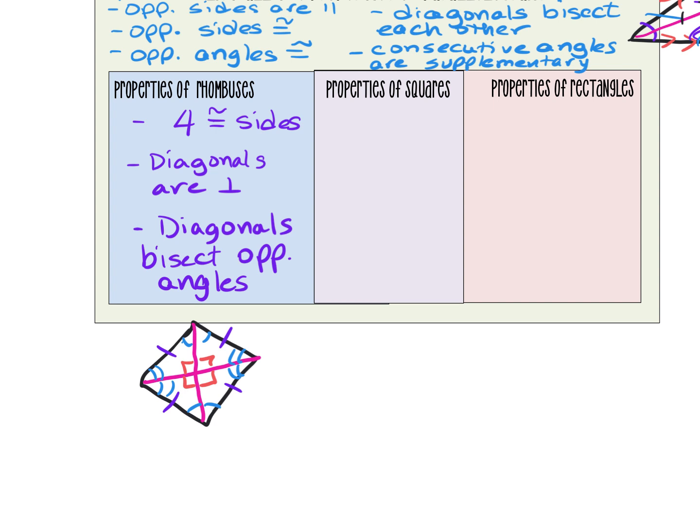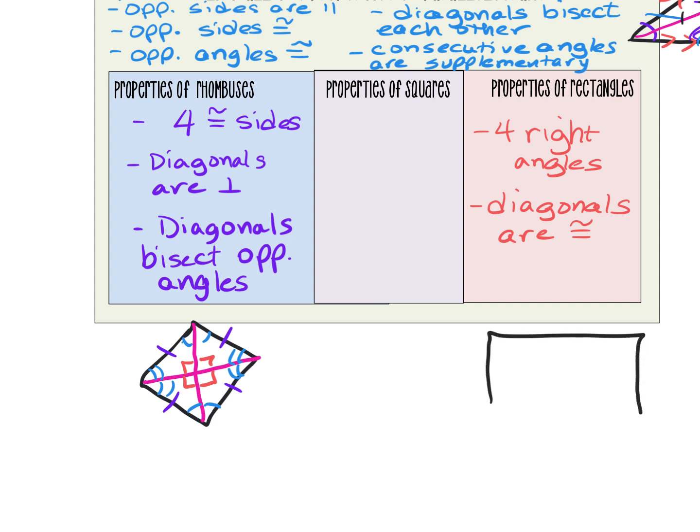Next, I'll jump over to the rectangle. And the rectangle has 4 right angles, and its diagonals are congruent. So if I go ahead and draw a picture of a rectangle, we've got the 4 right angles.